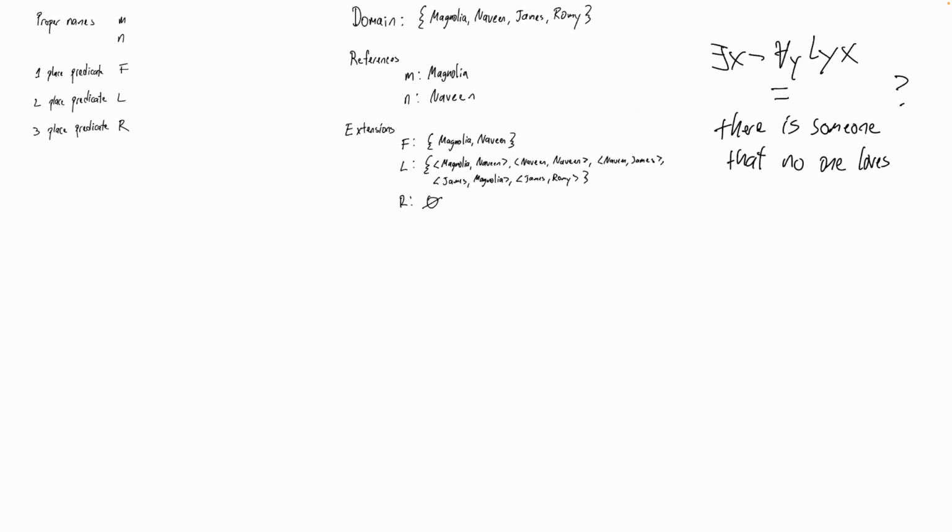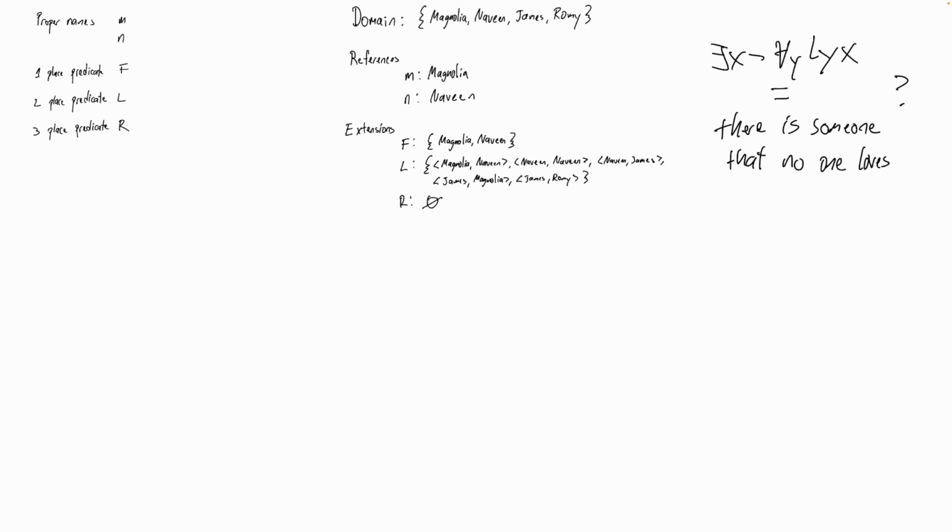On this valuation, there is someone that loves Magnolia, there is someone that loves Naveen, there is someone that loves James, and there's someone that loves Romy. So there isn't anyone that is completely unloved, so the statement, there is someone that no one loves, is false on this valuation.